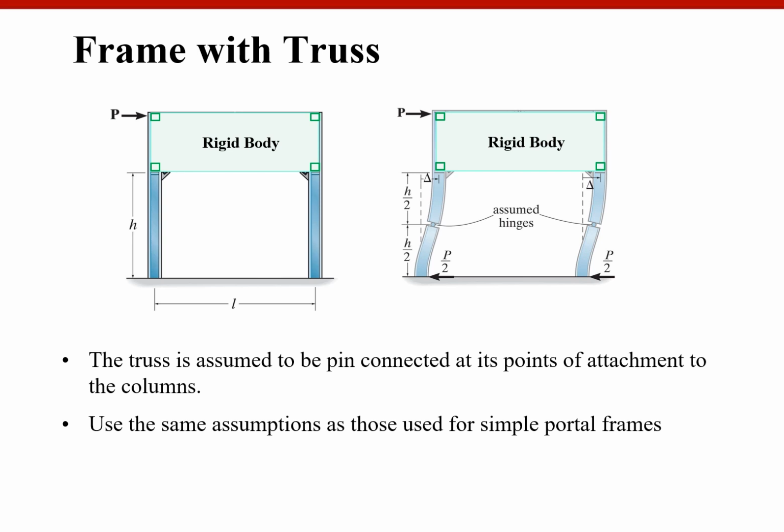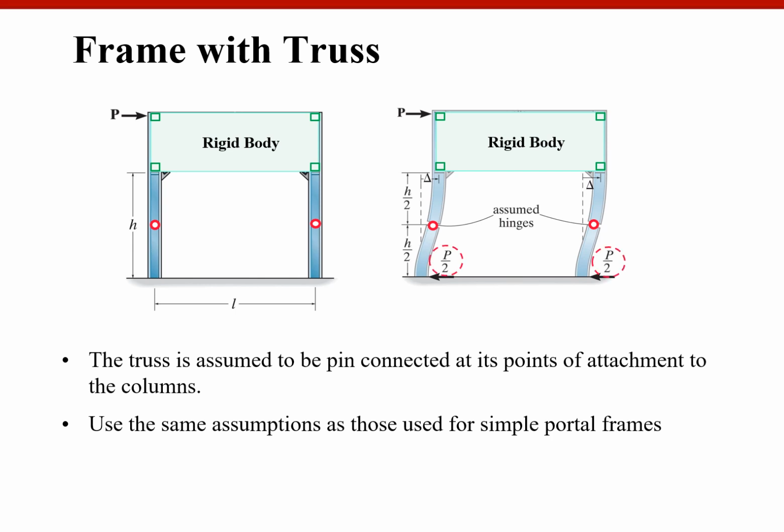In this case, we are going to apply the same assumption as those used for simple portal frames, which is half height of column. We are going to have an inflection point, which is a hinge.